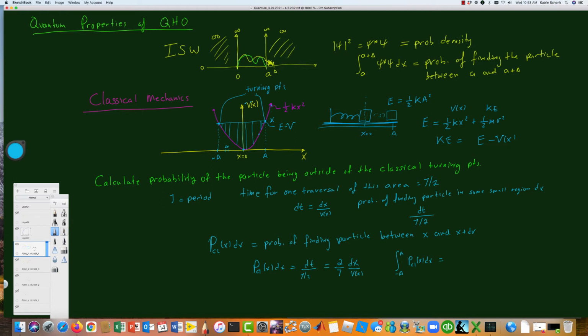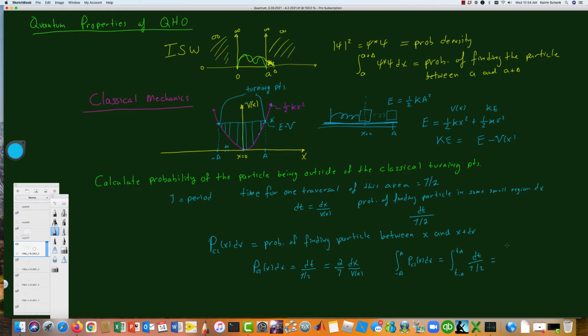I don't really have an expression right now for v of x. I'm going to change that in a little bit, but right now I don't. So I'm going to use the time version of this. Here I'm going to change this to tau, so from the time where it's at minus a to the time where it's at a, dt over tau over 2. And that's easy to integrate.